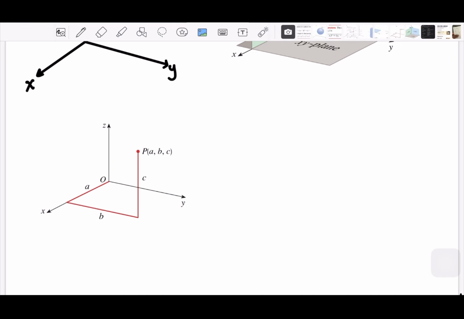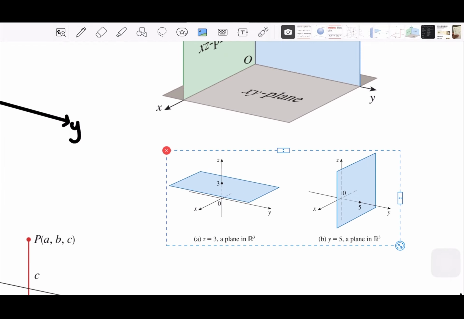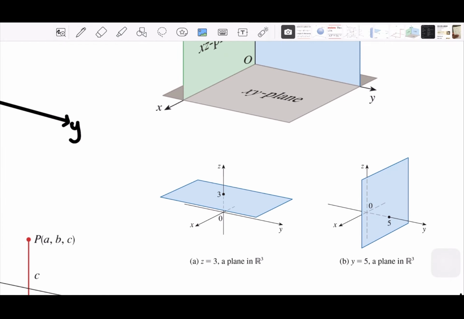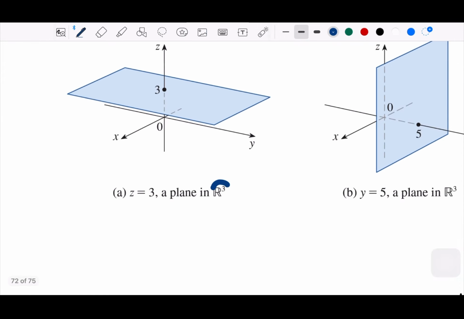Another thing we can do, based on this plane here: this R cube means it's going to be in 3 dimensions. If you have this R, this means it's 2-dimension.